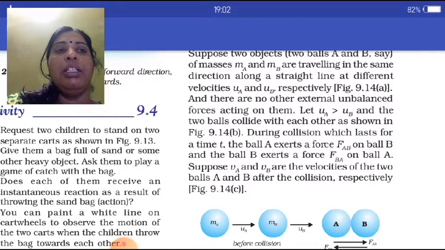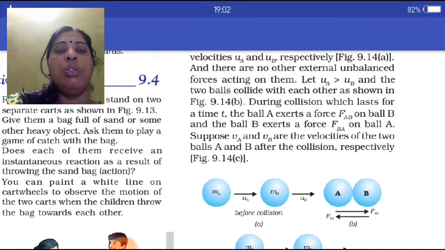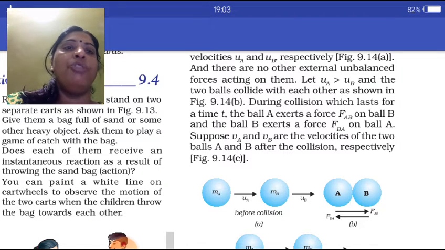Let UA be greater than UB, and the two balls collide with each other as shown in figure 9.14b. During the collision, which lasts for a time t, ball A exerts a force FAB on ball B and ball B exerts a force FBA on ball A. Suppose VA and VB are the velocities of the two balls A and B after the collision.